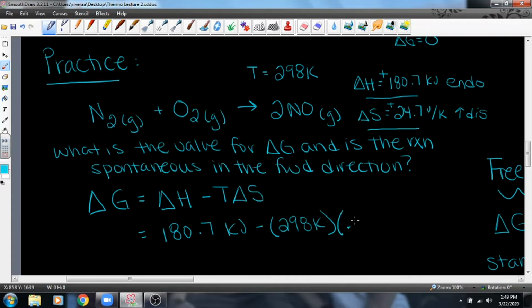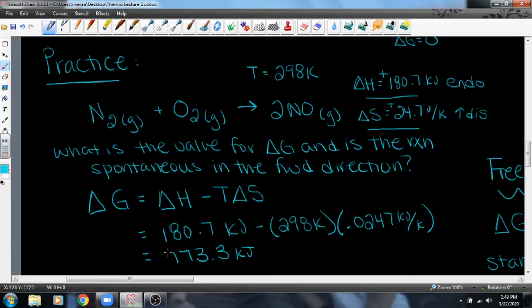So I'm going to be at 0.0247 kilojoules per Kelvin. And if I do my math correctly, I get 173.3 kilojoules. This is going to really stink, you guys, because if I write something wrong, there's nobody here to correct me.